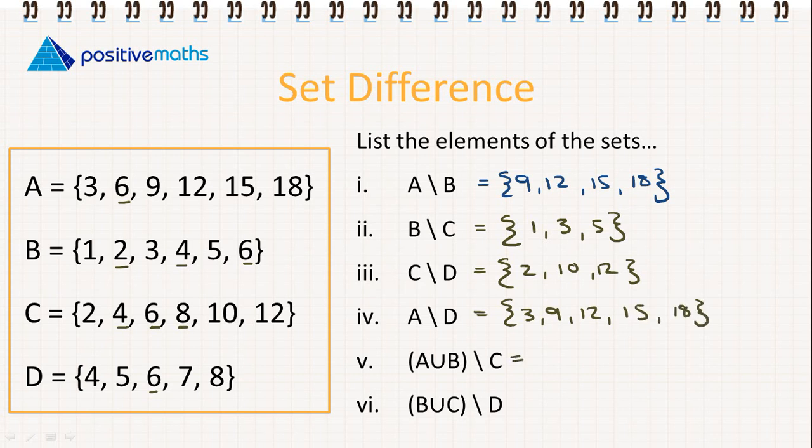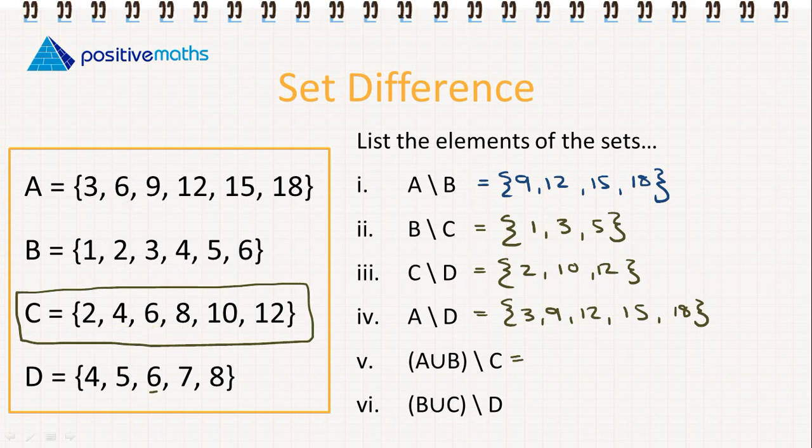For the next part we have A union B without C. Okay, so the first thing that we're going to do is we're going to look at C, and now we have to think of the fact that we can't include any of the elements in C when we are listing A union B. So if we work through, the first element we're going to check is 2. So 2 is in B, so we won't be including 2.